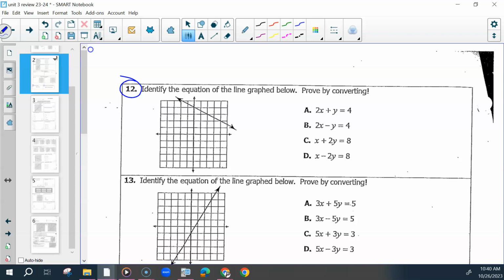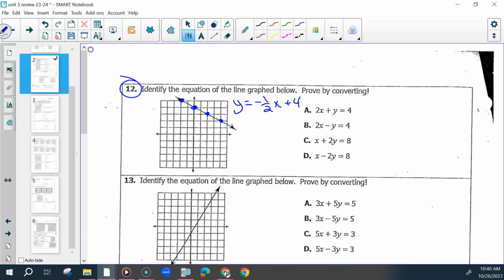If we need to identify which equation this is, you can look at this, figure out what the y-intercept is, figure out what the slope is, so that we know our equation has to be some y equals -1/2 x plus 4. Y-intercept is 4.